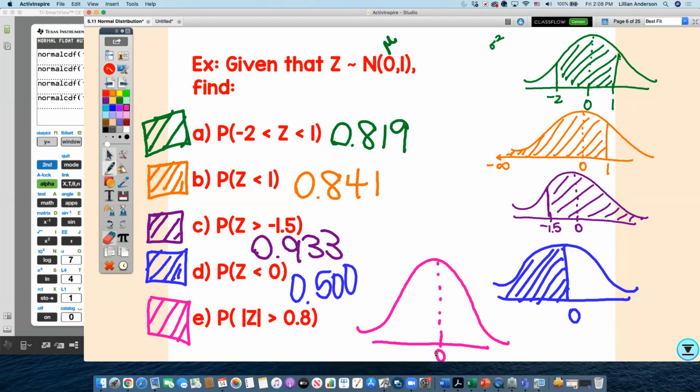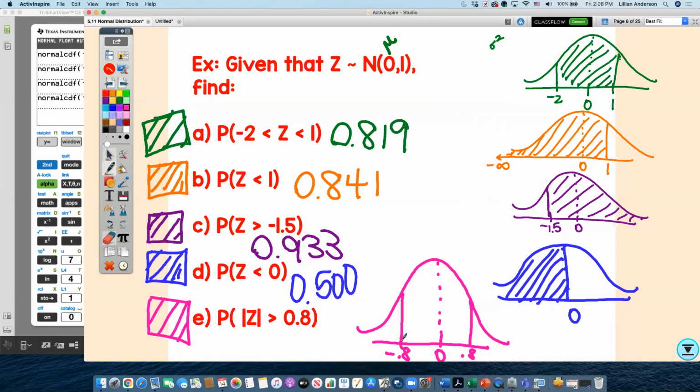If you think back to absolute value equations, remember you always used to do a positive one and a negative one? That's because the distance from 0 to either negative 0.8 or positive 0.8 is the same distance. So when you see the symbol, it's not just 0.8, it's actually including negative 0.8 as well, because the distance from negative 0.8 is the exact same as from 0.8.